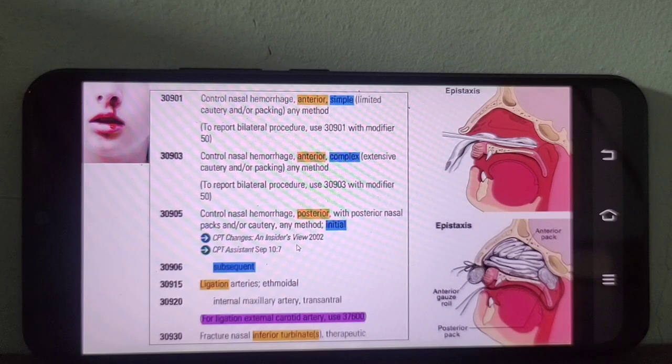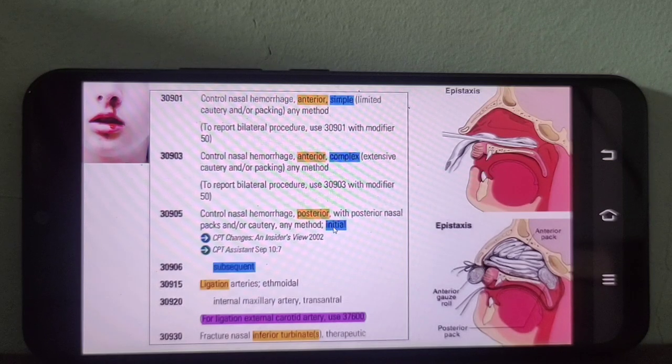Then in 30905, posterior epistaxis. In posterior epistaxis, we have two classifications, initial and subsequent. Initial means the doctor gives the treatment for the patient for the first time.